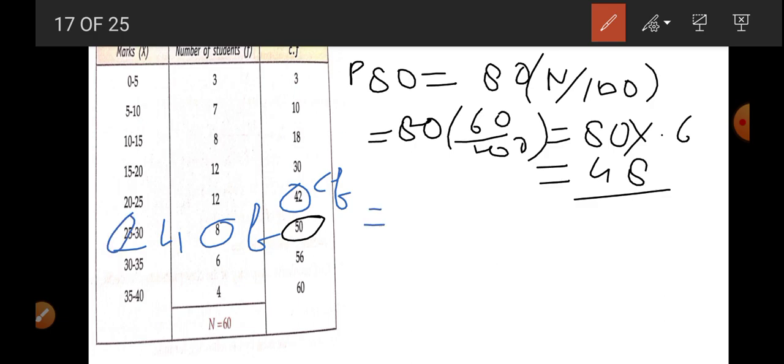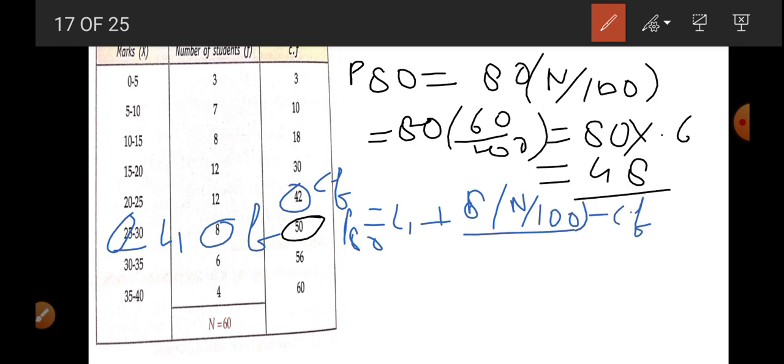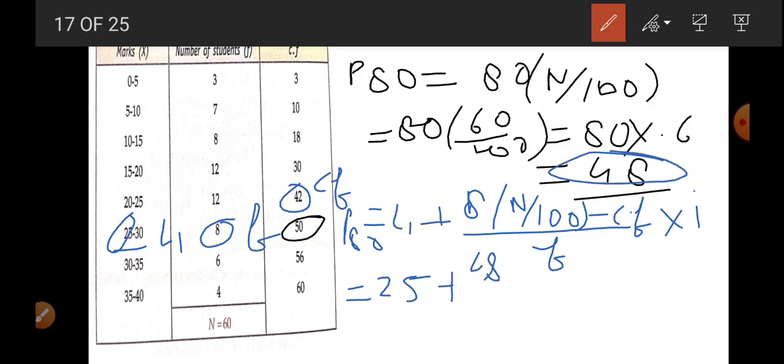So we are going to write the next equation. P80 is equal to L1 plus 80n upon 100 minus CF upon F multiplied by I. Now we put the values. L1 is 25, this value is 48, 48 minus 42, F is 8 and multiplied by 5.